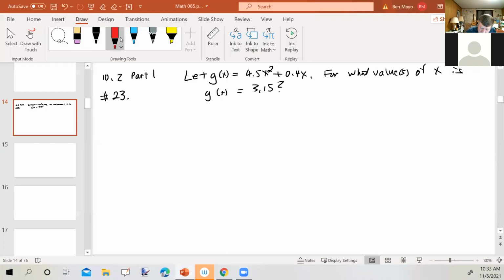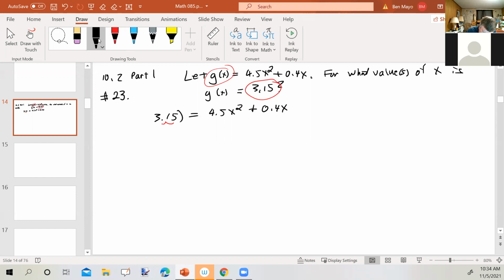First of all, we're going to substitute 3.15 in the place of g of x. So our equation would look like this: 3.15 equals 4.5x squared plus 0.4x. We want to solve that equation. There are decimals, and to get rid of all of them we multiply both sides by 100, because we need to move the decimal 2 places.